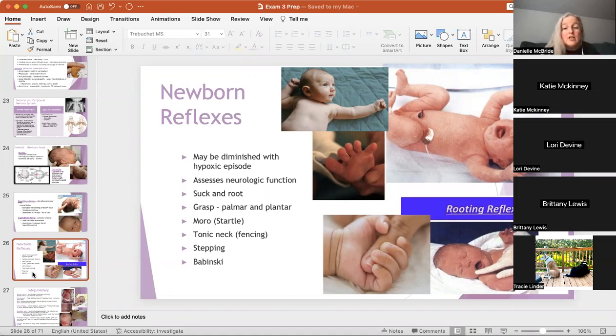If we have a neurologic impairment, we might notice diminished certain reflexes, especially if the baby has been hypoxic. So like if they have a weak suck, that's the one we see the most for neurologic. But these other ones all are giving us an idea of the neurologic function of the baby.